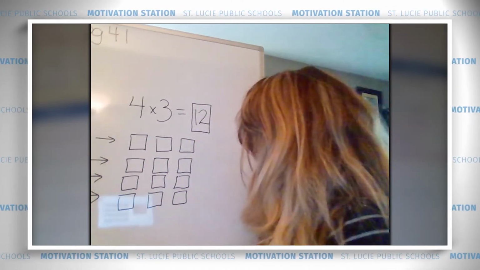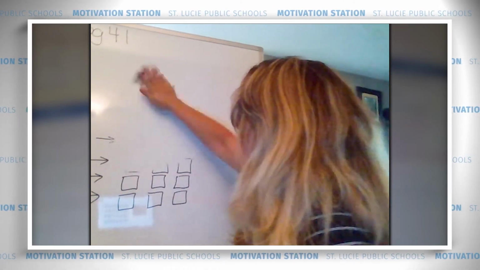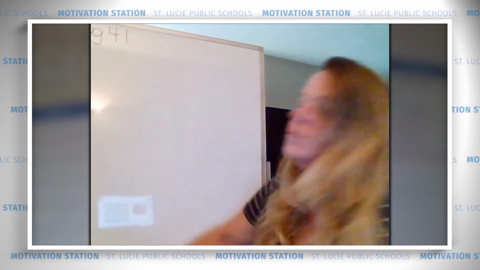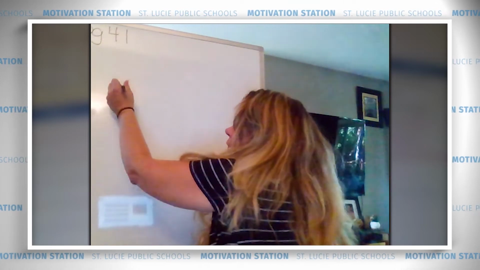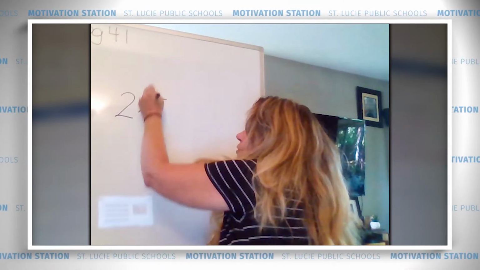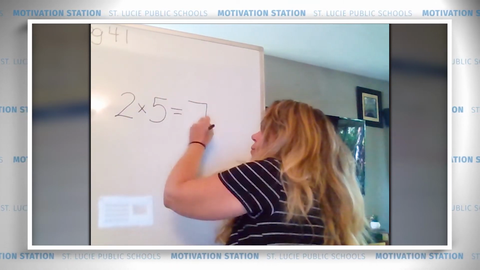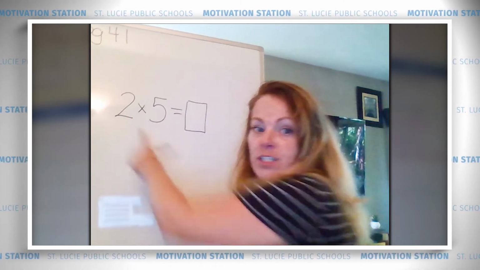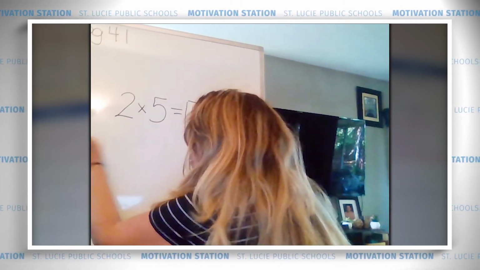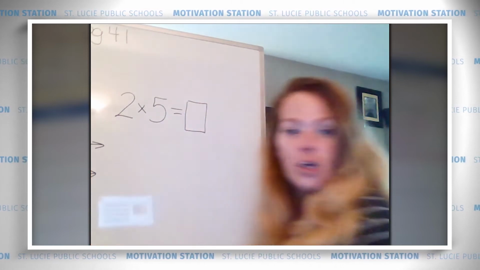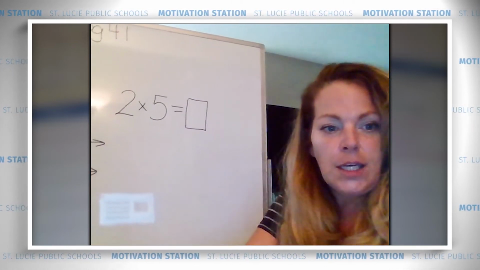All right, let's try another one. Just getting some of this practice in with our arrays. So next we're going to try a factor of 2, a factor of 5 to get what product. My first factor tells me how many rows. 2 rows going across. Can you see that?